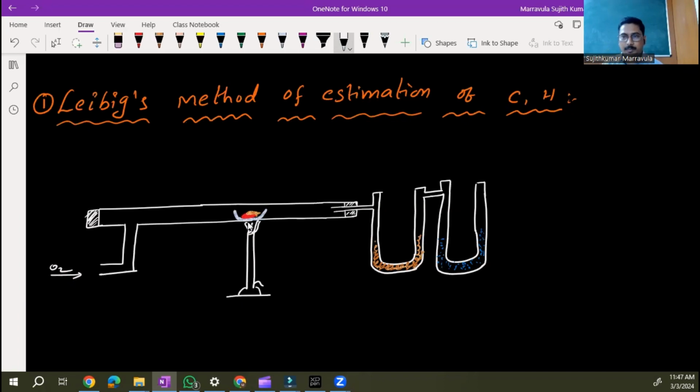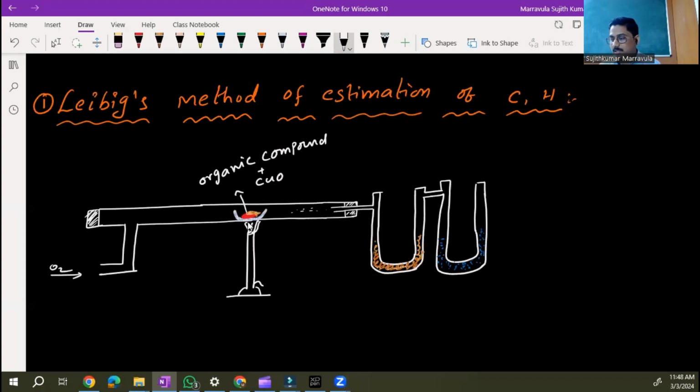So this is the complete experimental setup. It contains the organic compound and copper oxide. Here we give heat and we get some colorless gases.